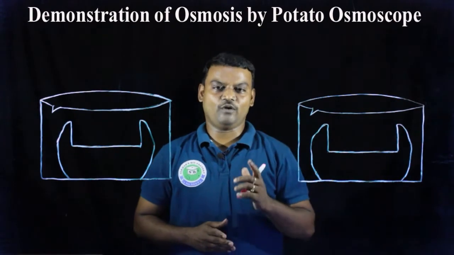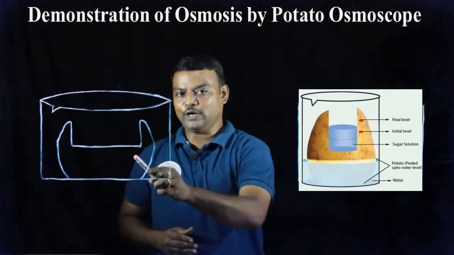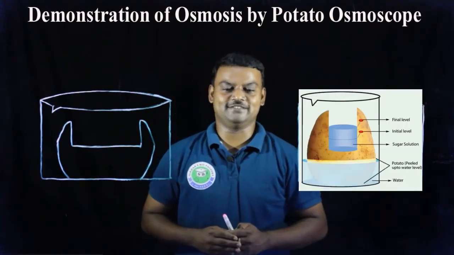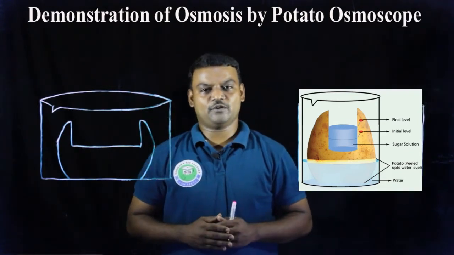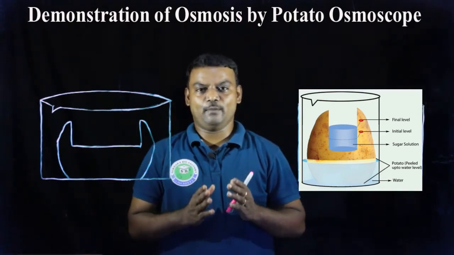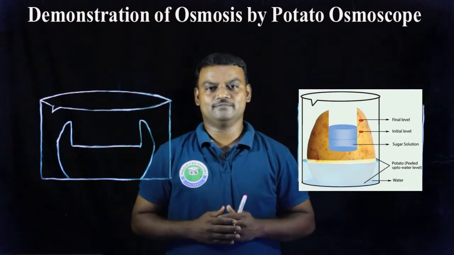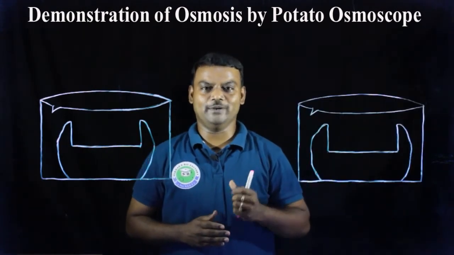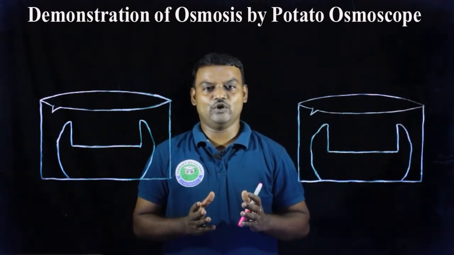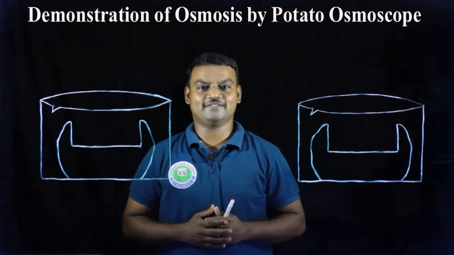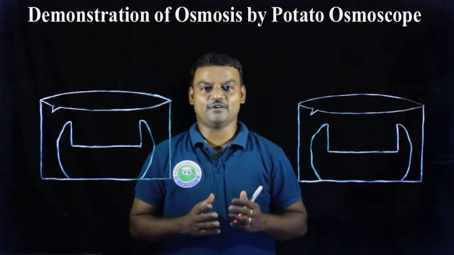One of the experiments is called the potato osmoscope experiment. In this experiment, to demonstrate movement of water, we take a potato tuber, and in this potato tuber many plant cells are present that can perform the osmosis process.